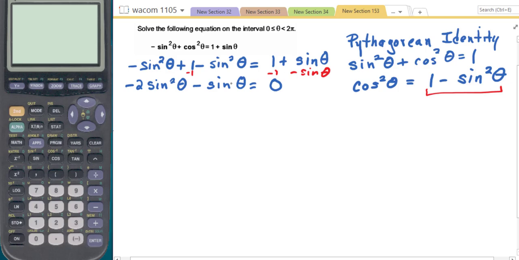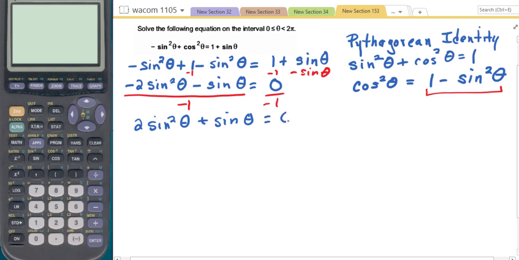If we want to get rid of this negative 1, we can divide both sides by negative 1, because we don't like it on the leading term. That is going to give us 2 sine squared theta plus sine of theta, and 0 divided by negative 1 is 0. Now we don't have to deal with the negative.